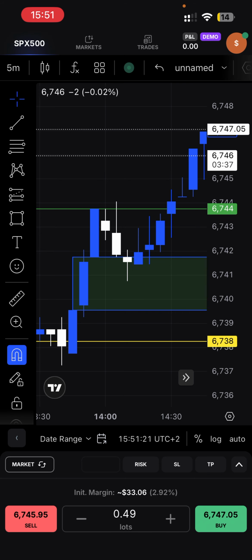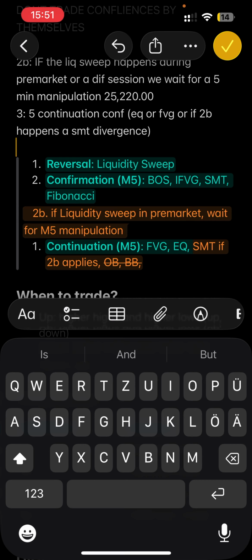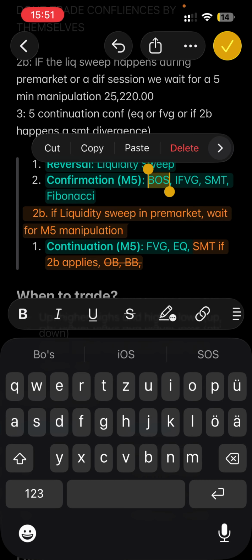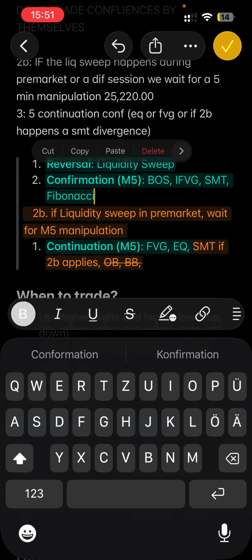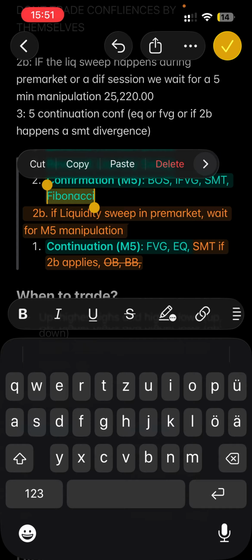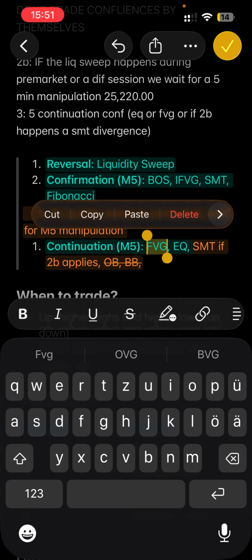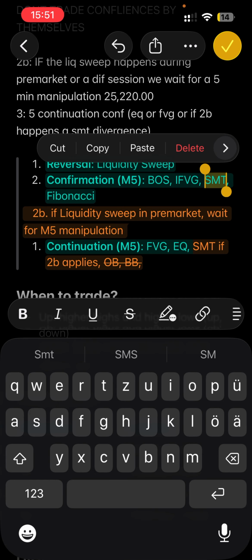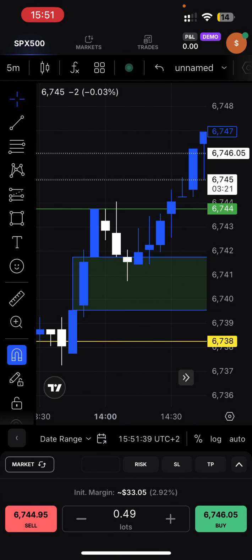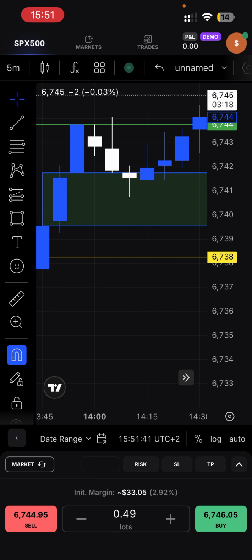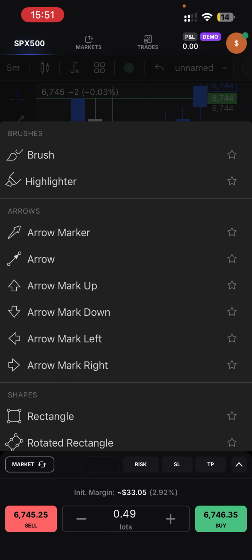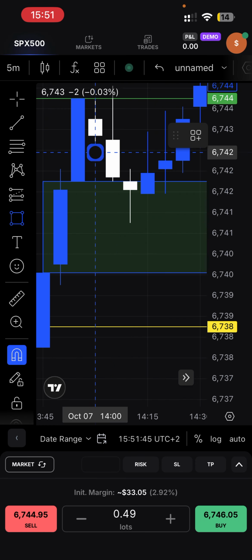So that is 1, 2, 3, we did not have an SMT divergence. But if we look here, I didn't draw this out, but we also have a fair value gap right here.